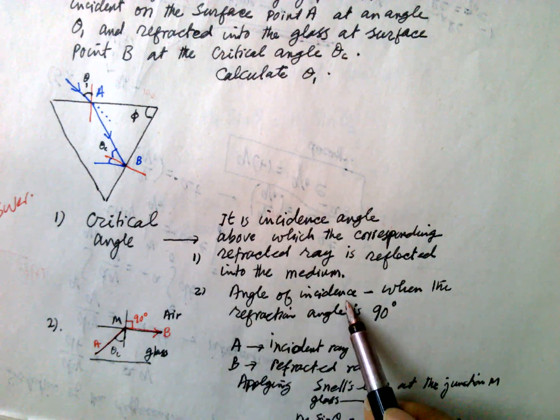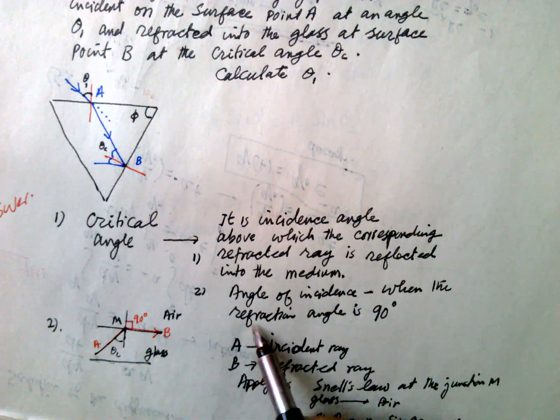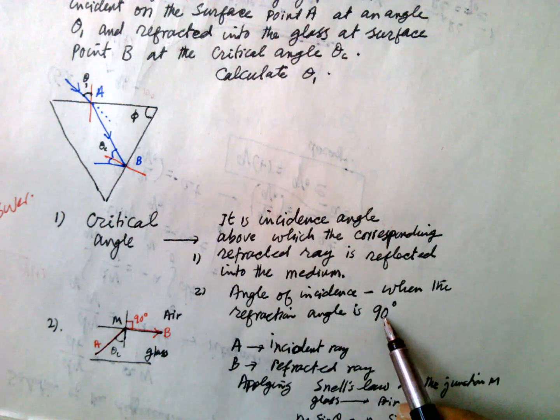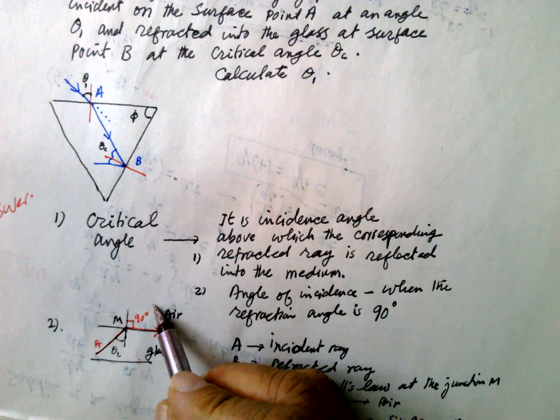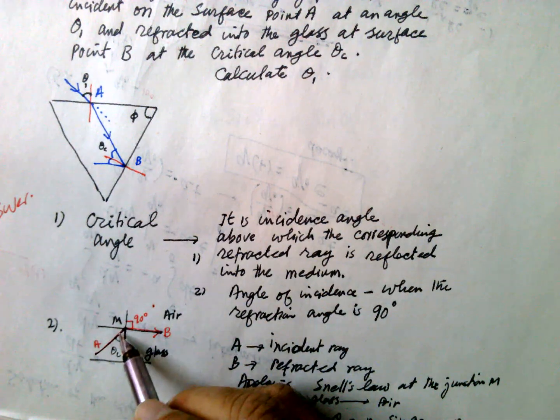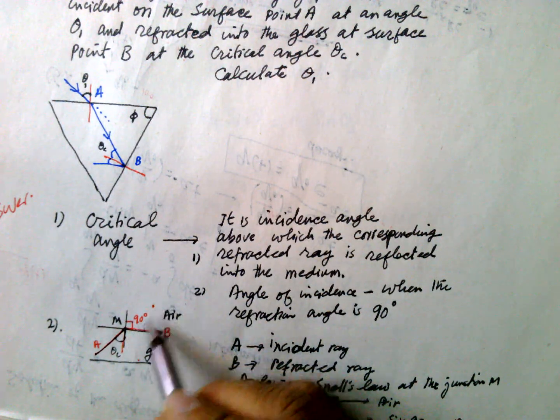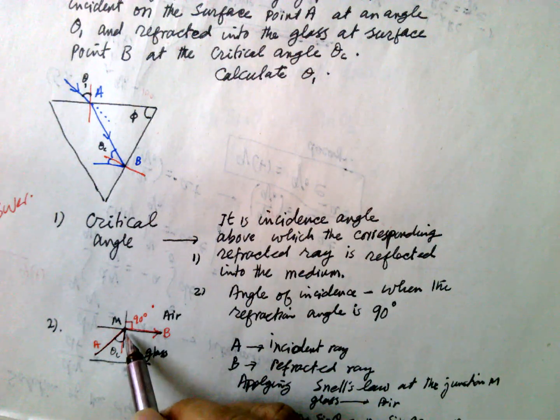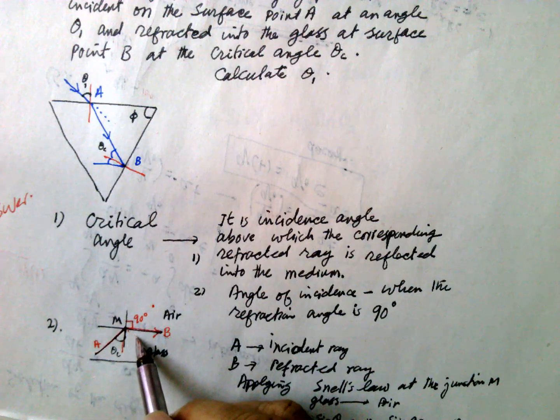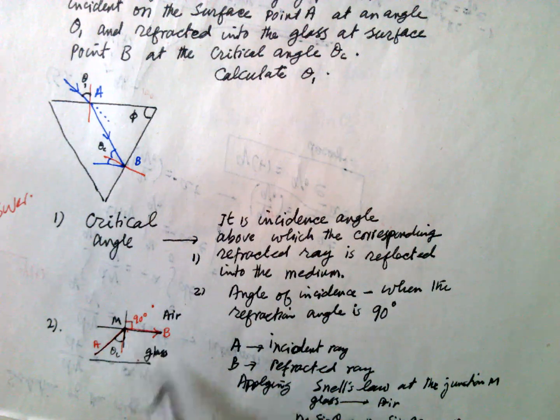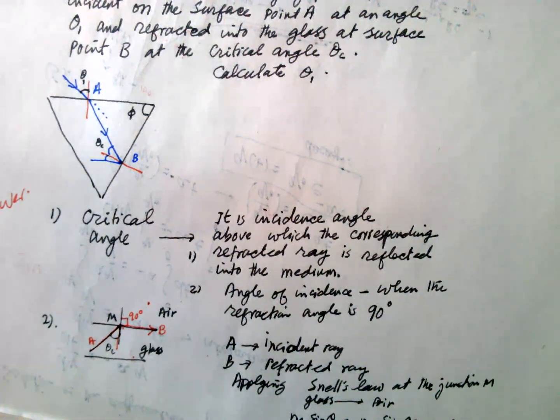Or it is the angle of incidence when the refracted angle is 90 degrees. So it's like this one. This is glass and this is air. Instead of refracting out, the ray goes at 90 degrees, and if you increase the angle, it will come down into the medium.